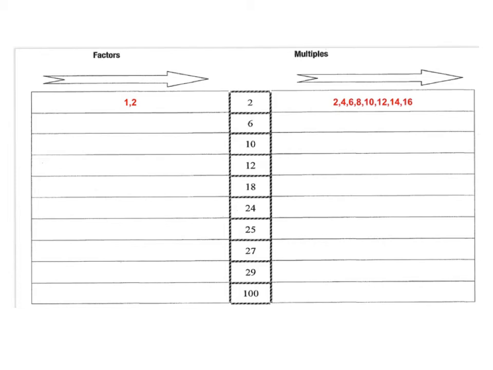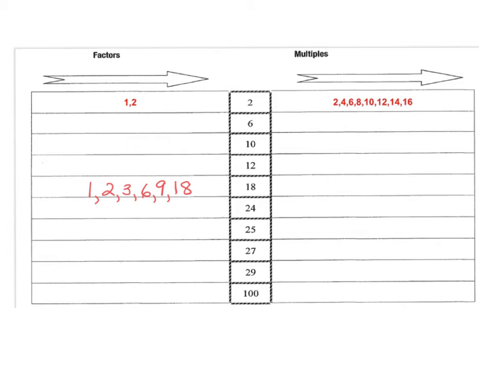Well, if I'm doing it in order, which we probably should be, I'm going to think in pairs, and my first set is 1 times 18. My second set, 2 times 9, and my third set, 3 times 6. So my list of factors that make 18 are 1, 2, 3, 6, 9, and 18.